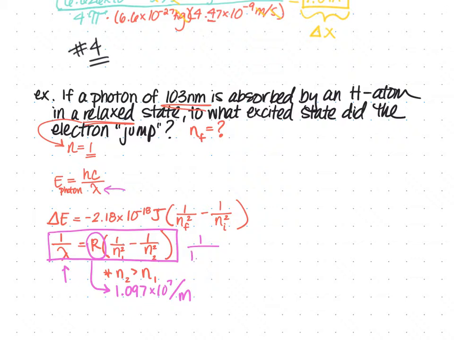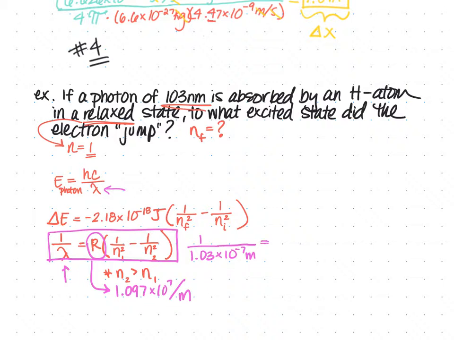So I'm going to say that my wavelength is 1.03 times 10 to the negative 7 meters. I did a quick conversion in my head, but you might need to write that out.